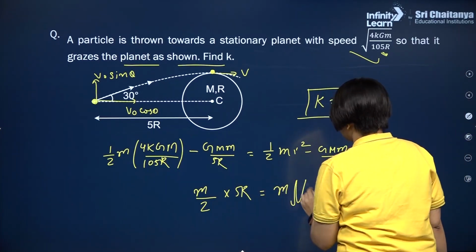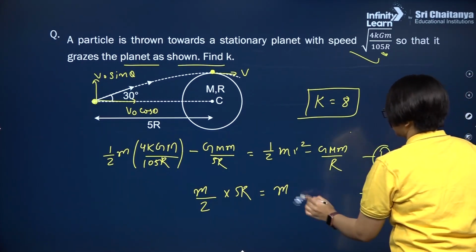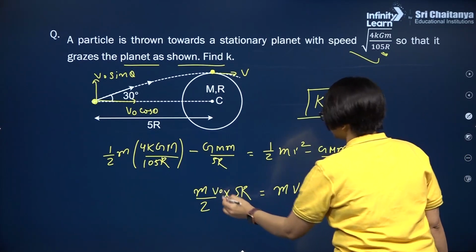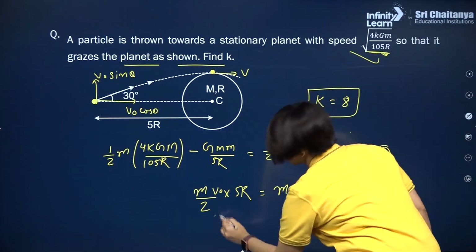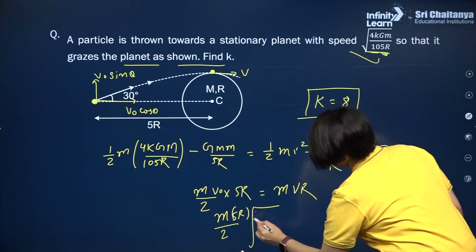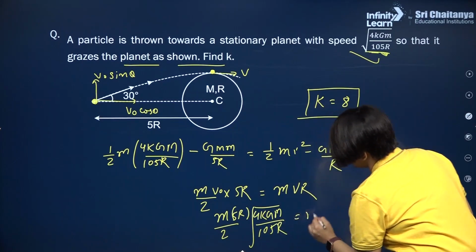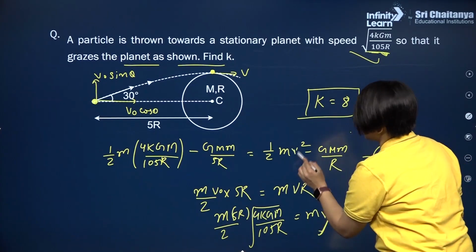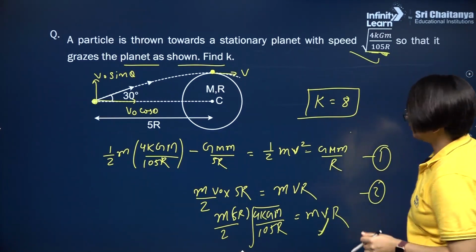So, here it is V. Final momentum about point C will be m v into r, and here m v naught into 5r divided by 2, and put the value of V naught this much. So, it is m by 2 into 5r into V naught, which is under root of 4 k G M divided by 105 r, equal to m v r. So, from this put the value of V in this equation, and you will get the value of k after solving a lengthy equation, that is 8.